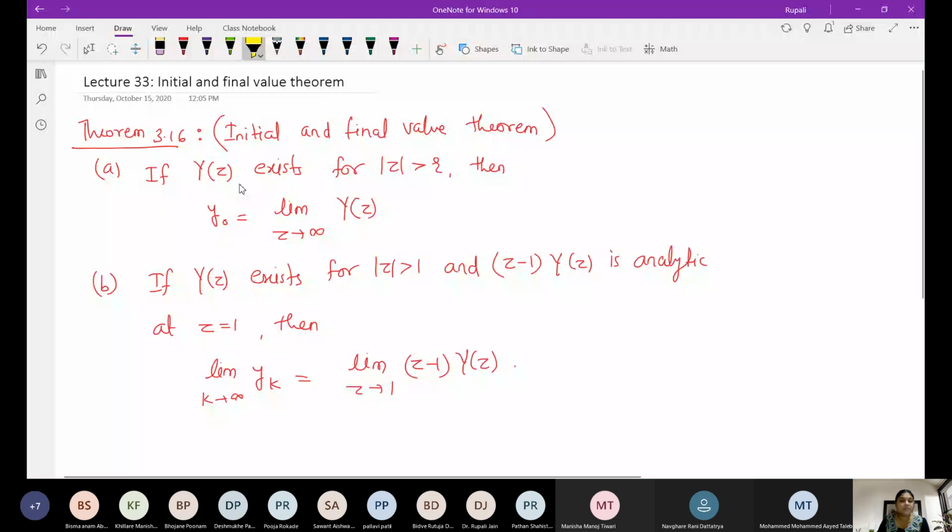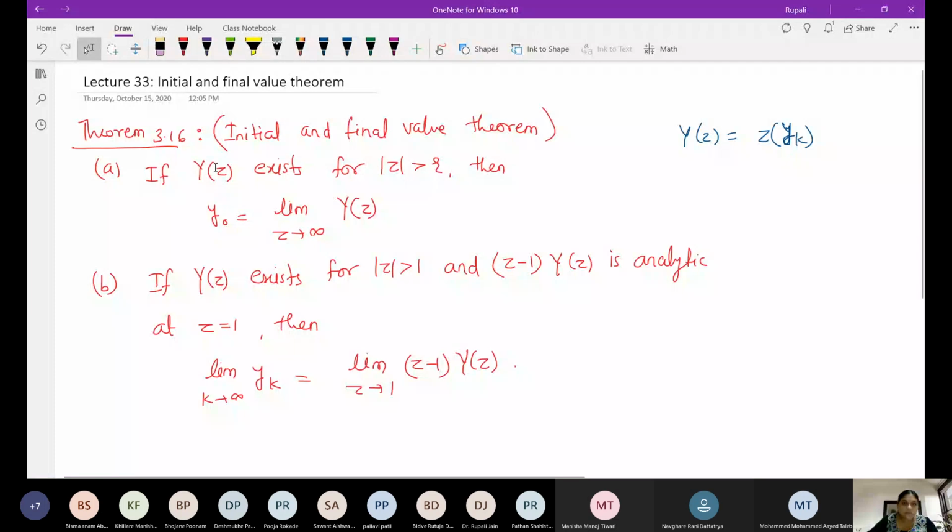So what this theorem says, if Y(z), what is Y(z)? It is the z transform of y(k). If y(k) is a sequence, z transform of y(k) we denote by capital Y of z.